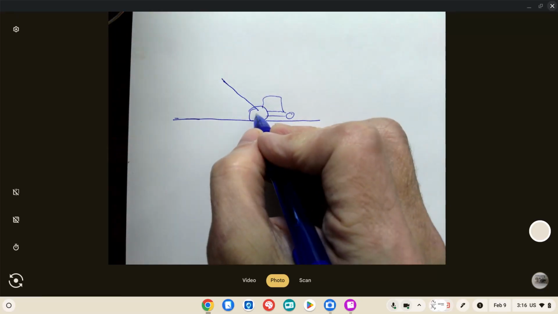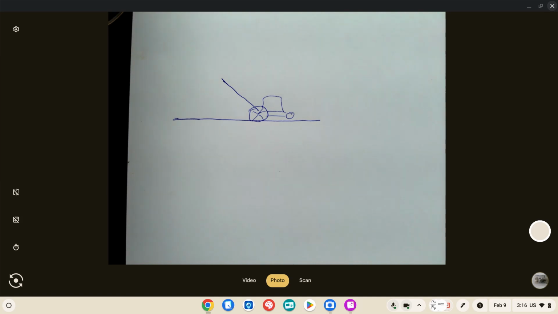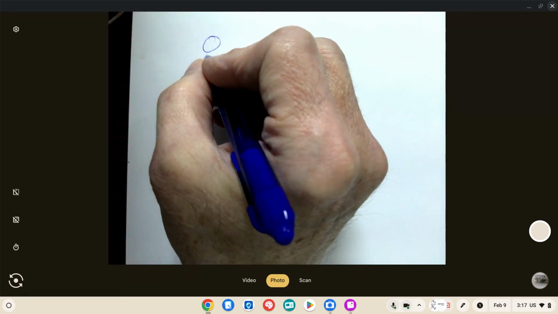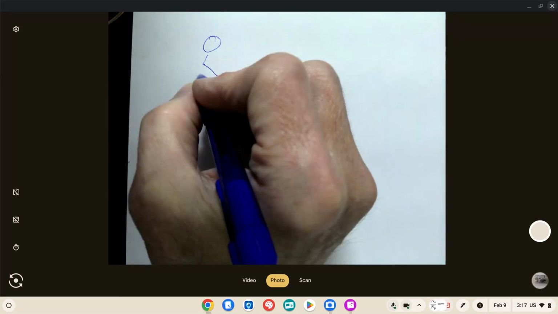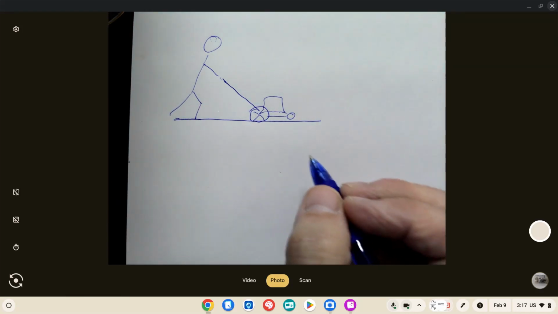Kind of like my wife likes, with the big wheels so she can rear them up and drop them down on something. And let's have someone pushing that lawnmower straight down the handle. And, okay, so they're pushing on it.